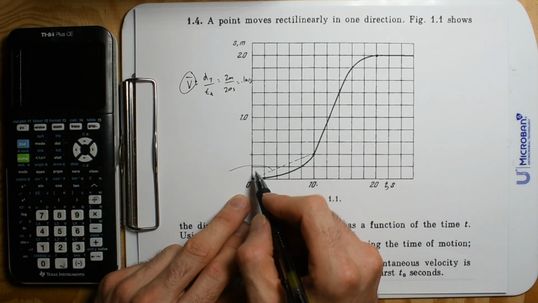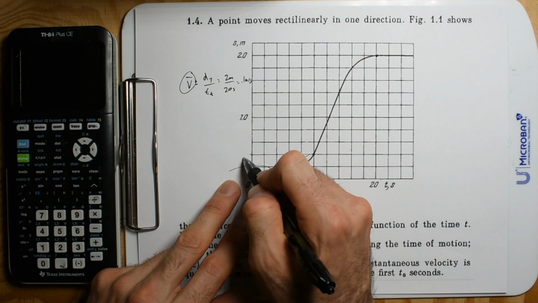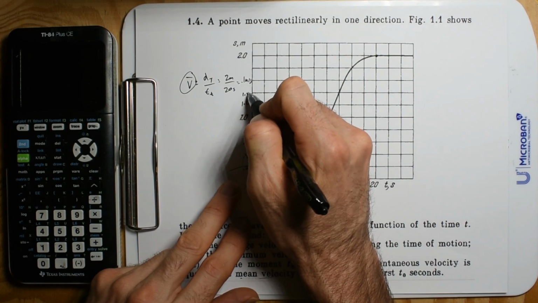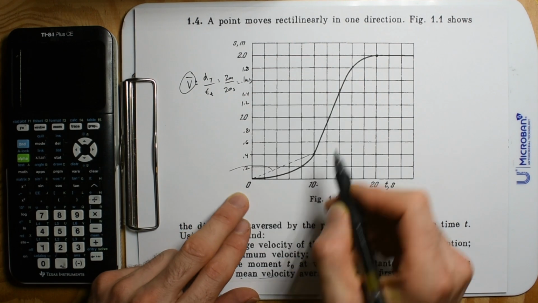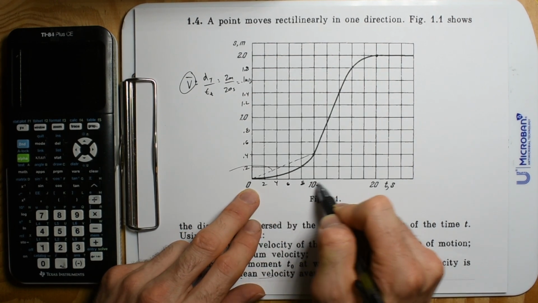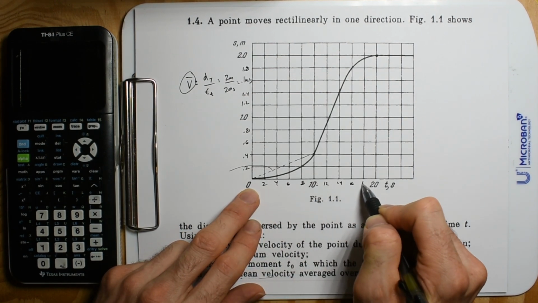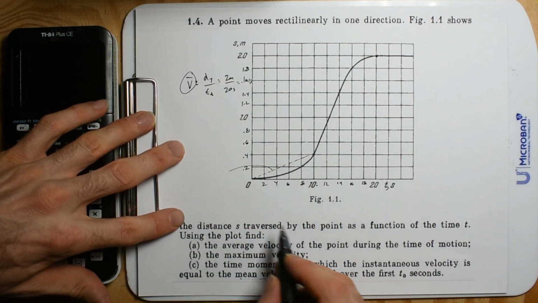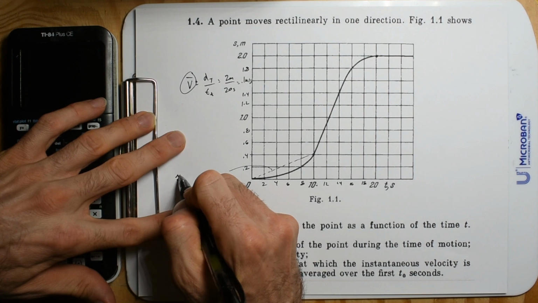I've got to get 0.2, 0.4, 0.6, 0.8, 1.2, 1.4, 1.6, 1.8, and this is going to be 2, 4, 6, 8, 12, 14, 16, 18. All right, so the mean velocity, and what's the way to write mean velocity? I don't know. I'm just going to do a little squiggly.